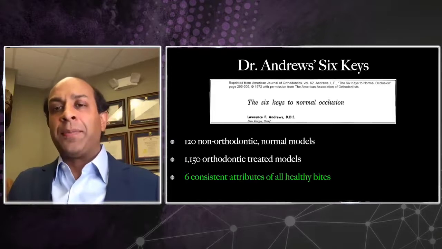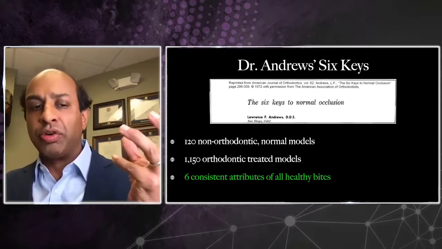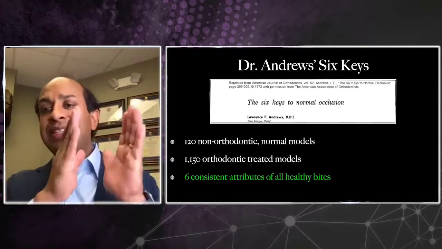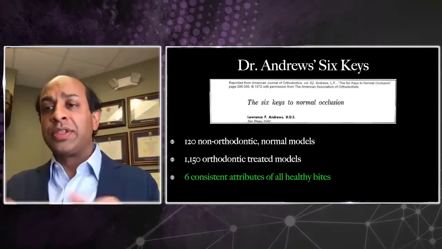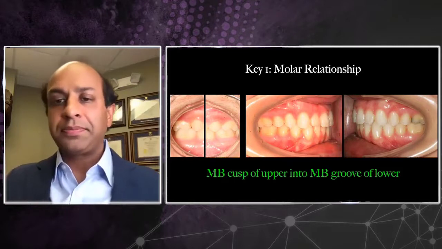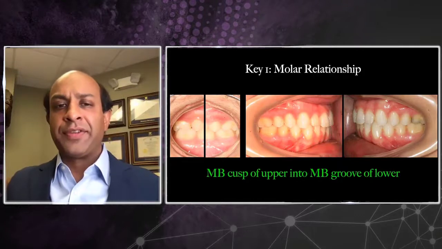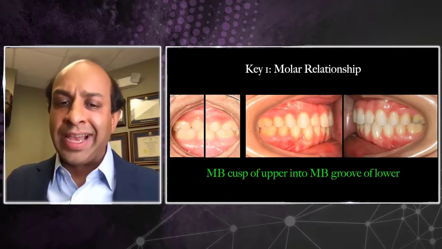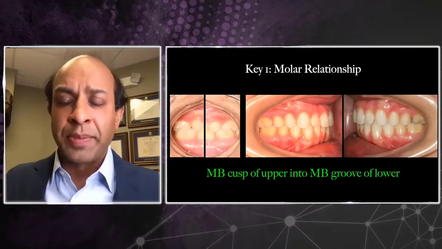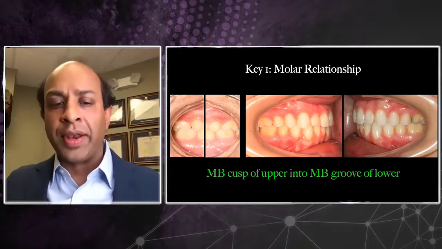And what he found is within the 120 orthodontic normal models, or the control group, and the 1,150 orthodontic treated models, there were 6 specific attributes that he saw in all of the healthy bites. And this is what we're going to use as the foundation for setting up our cases, as well as diagnosing what are the current presentations of the patient and where do the opportunities lie for orthodontic care.